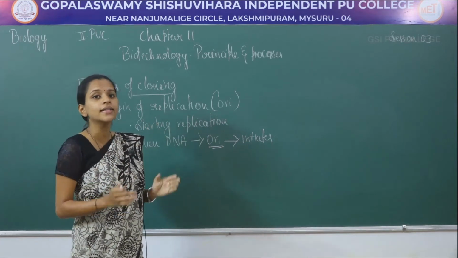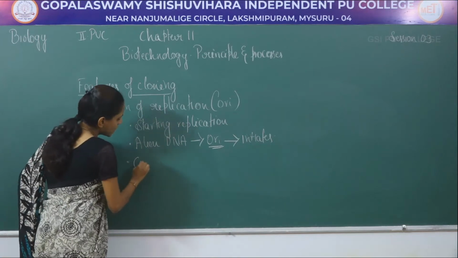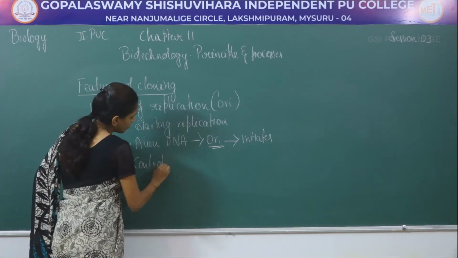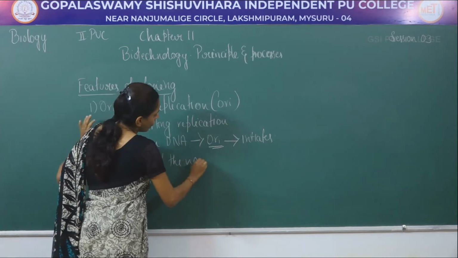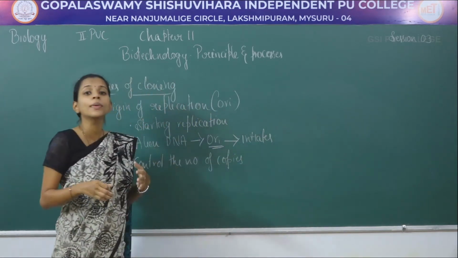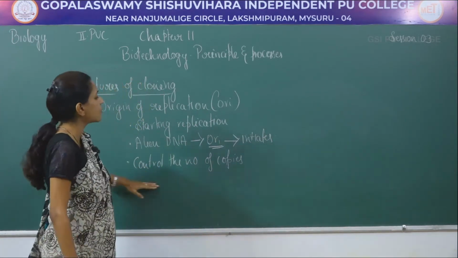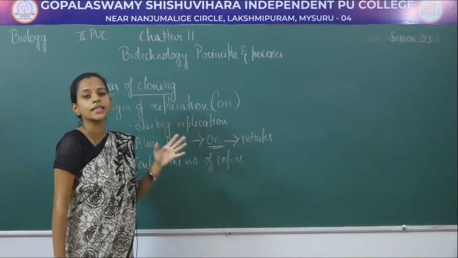That is not all, there is one more function for this origin of replication, that is it helps in controlling the number of copies to be produced. So based on how many replicates you want, it controls the number of copies produced in the host.